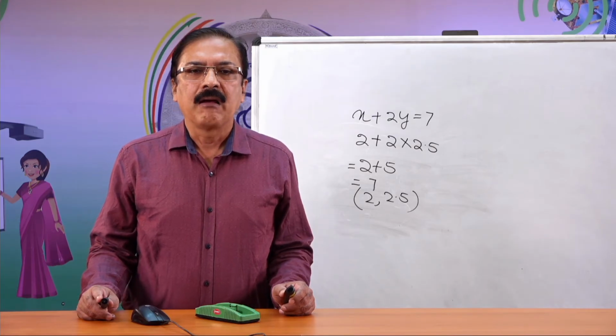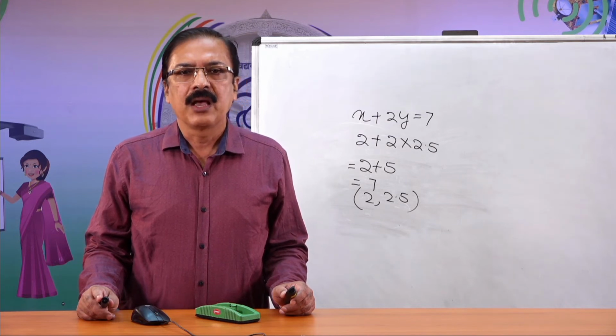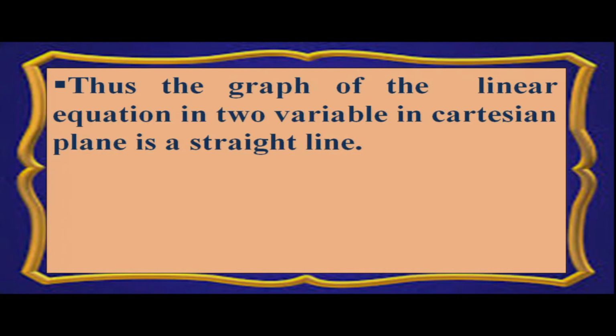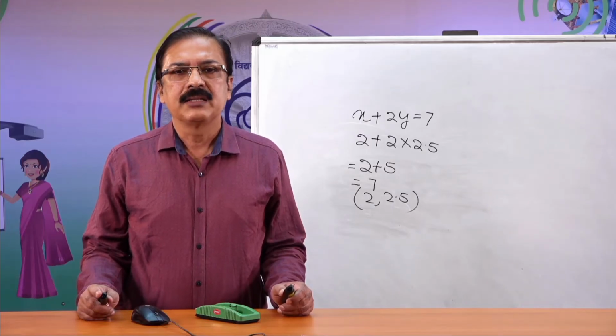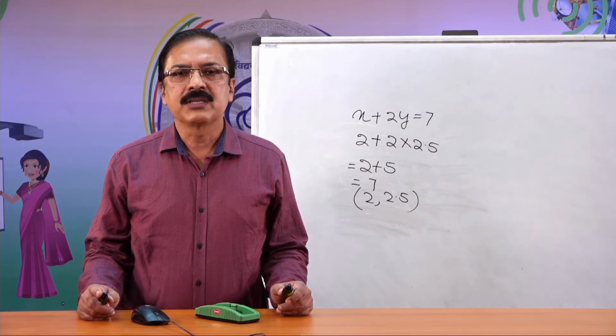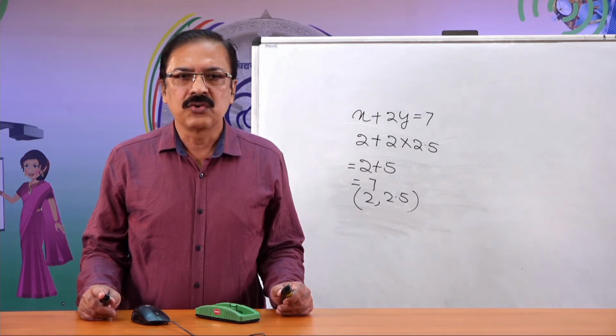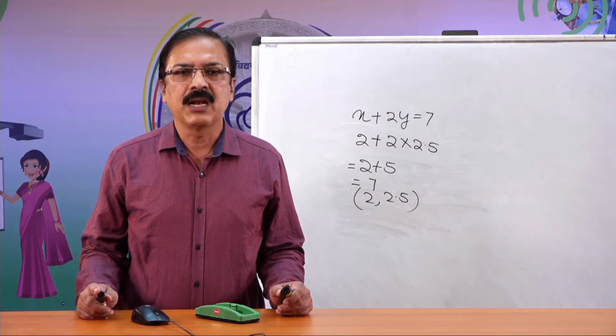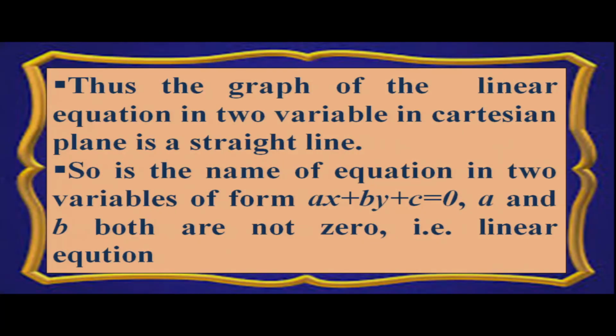Let's have the graph of a linear equation in two variables in the Cartesian plane: it is a straight line. Here, as we saw from the previous solution, the graph of the linear equation is a straight line, and so it is the name given to this type of equation, that is ax plus by plus c equal to 0, the linear equation, where a and b are both not 0.